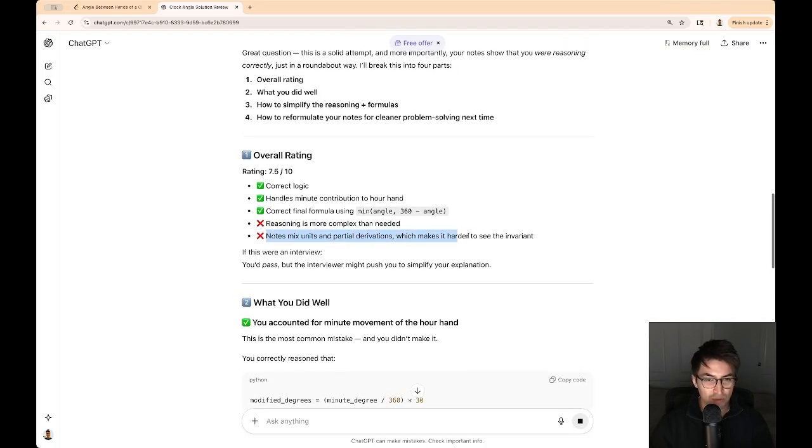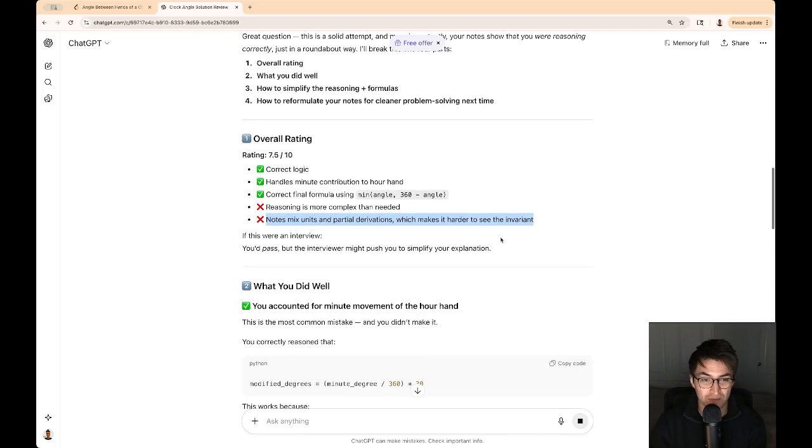Notes mix units and partial derivations. Yes, that is very, very true.